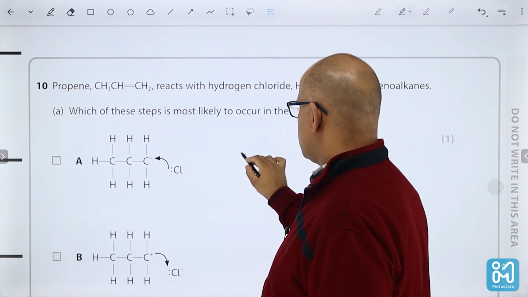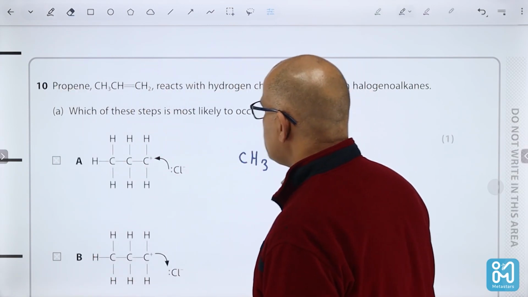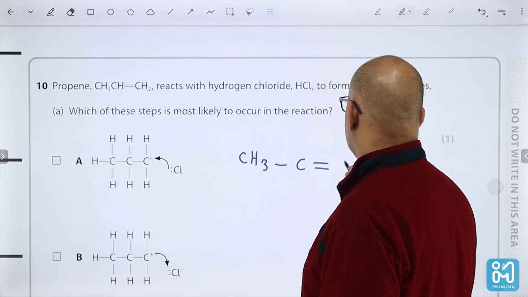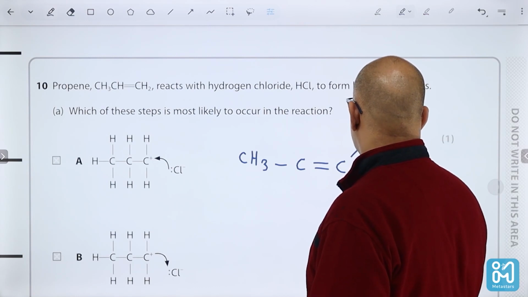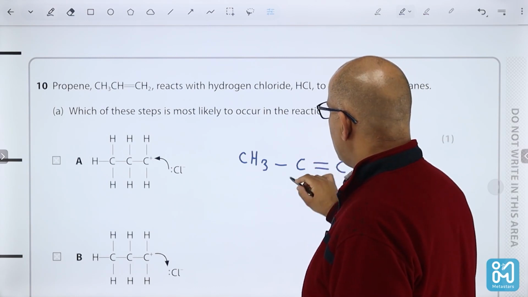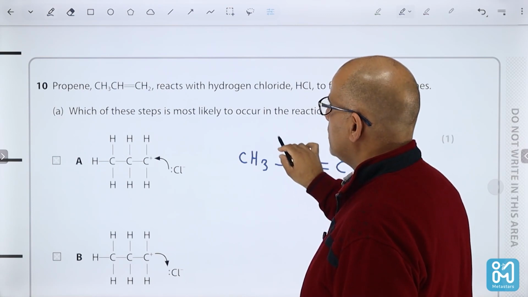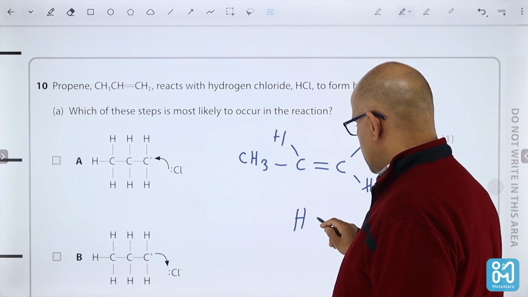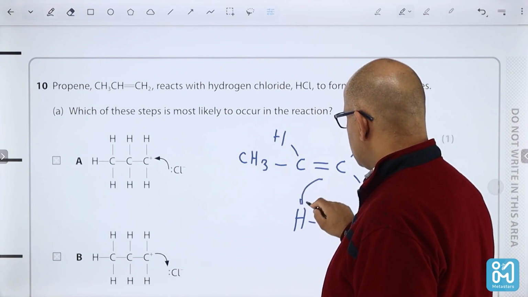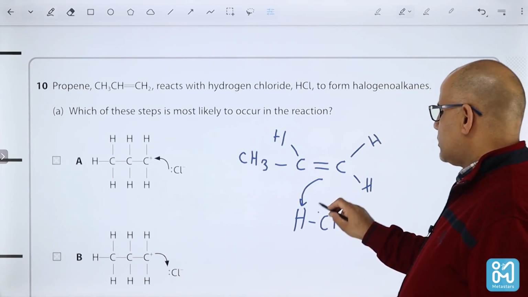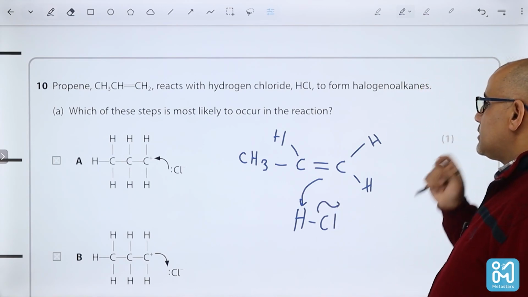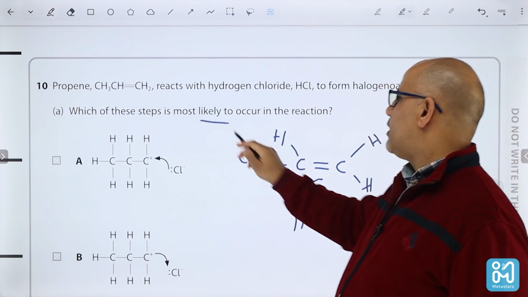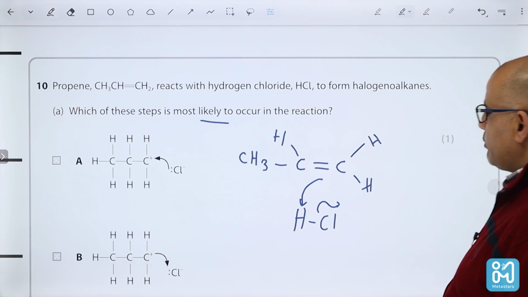You can see there CH3, and here we have C double bond C, and here H, and here we have the hydrogen also. You will see that when this is reacted, the double bond comes to this, and there is a formation, because he asked you the most likely to occur in this reaction.